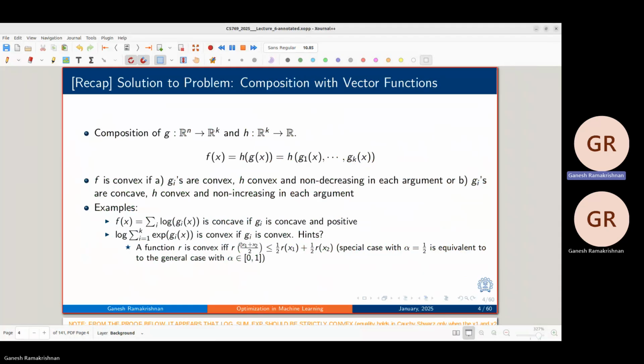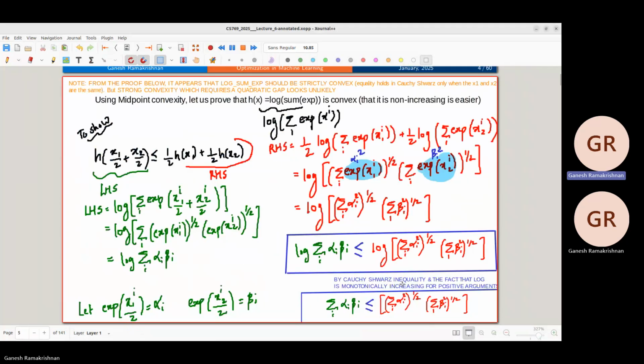Okay. So this seems to be a necessary and sufficient condition. So under this condition, we could show that log sum exp is convex.